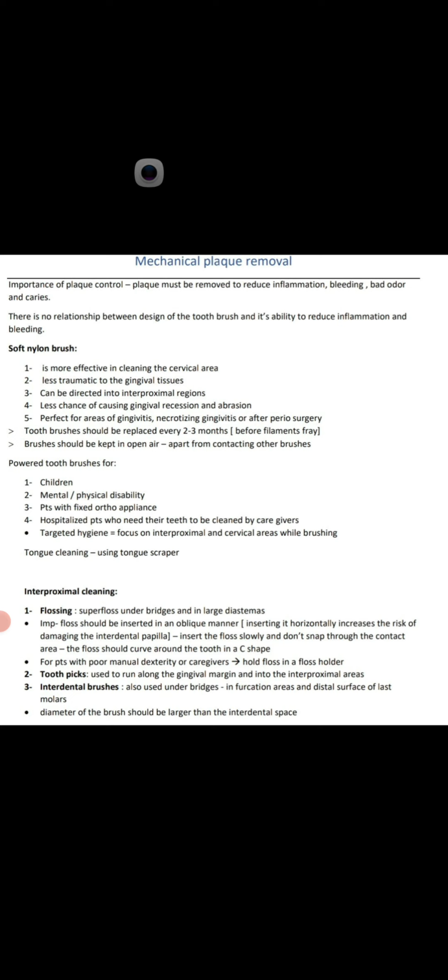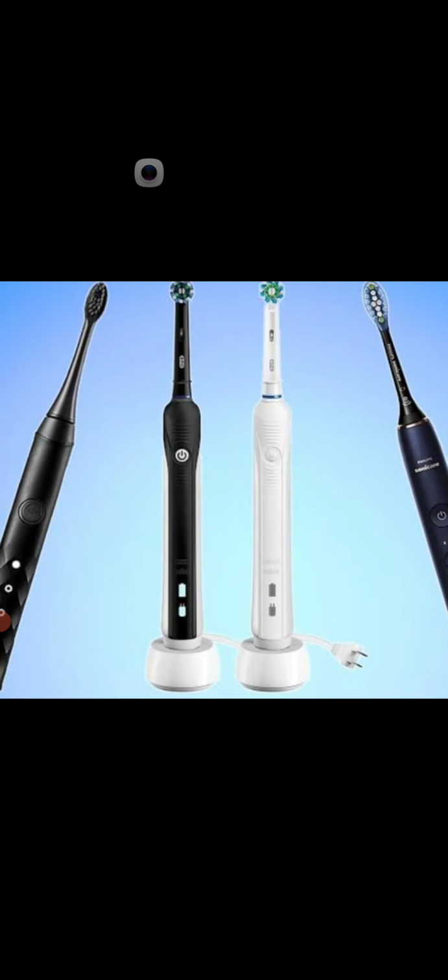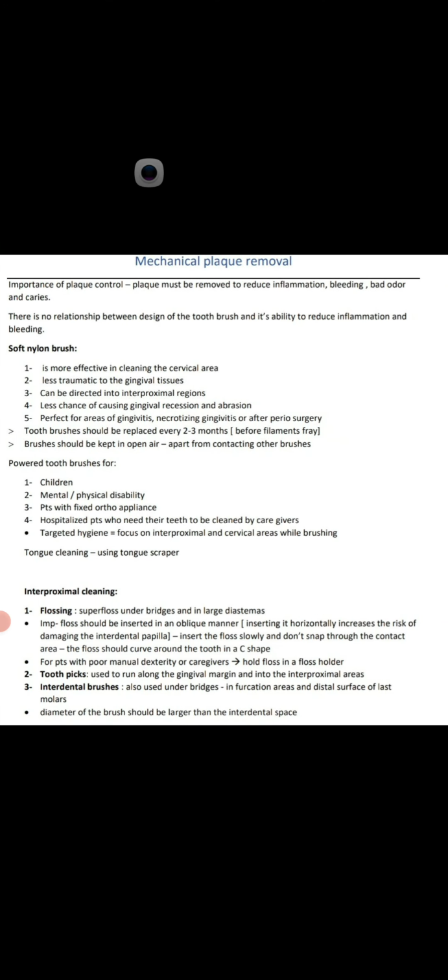Next is the power toothbrushes. These are electrically driven and are used for handicapped patients and also for ortho patients. Mostly in handicapped patients, the caregivers use this to clean the teeth. These are power toothbrushes for children, mental and physical disability patients, and patients with fixed ortho appliances.